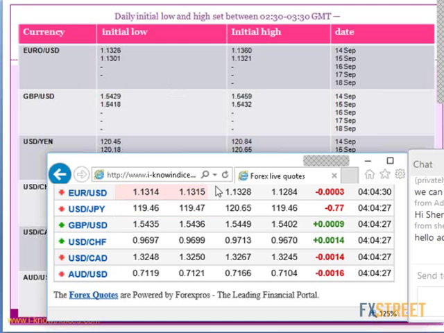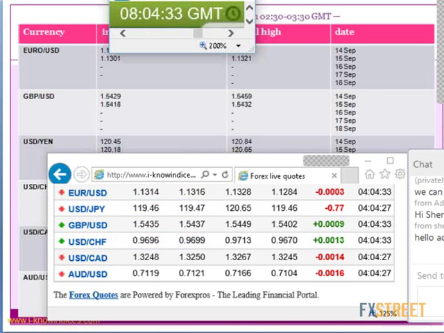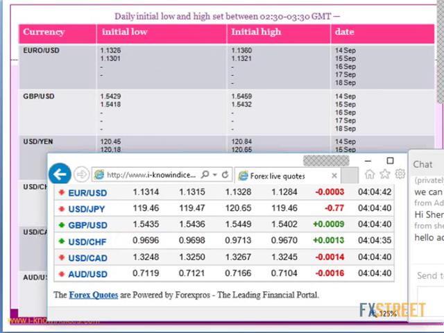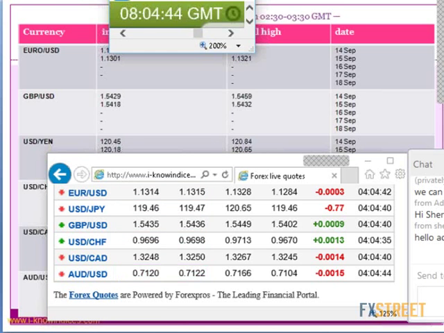And now we are in the European session. It is 8:04 GMT. So let us understand in relation to the 3:30 GMT levels, where exactly they are.